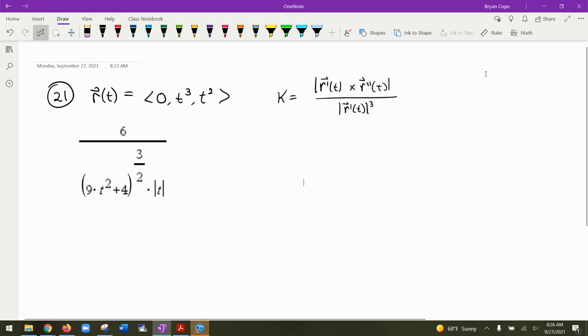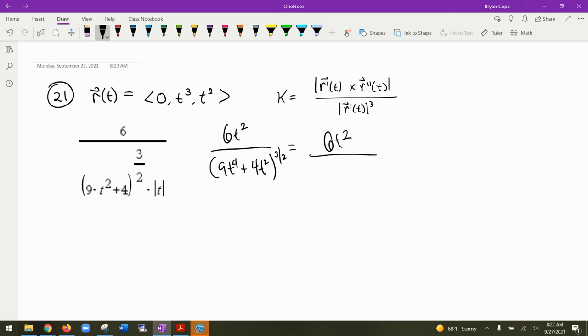The solution manual shows this answer: 6t squared over (9t to the fourth plus 4t squared) to the 3 halves. So let's try and reconcile those. It looks like they wrote this as 6t squared over, we'll factor out a t squared from that.